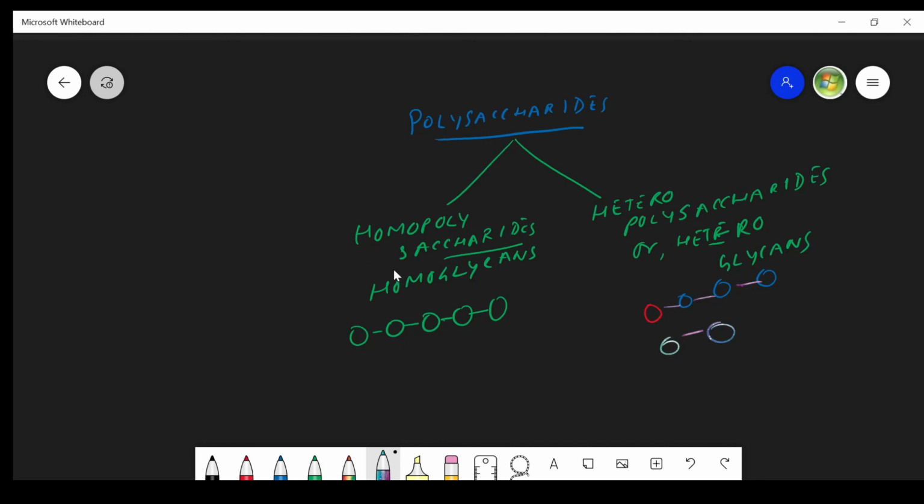So the examples of homopolysaccharides or homoglycans are starch, glycogen, then we have inulin, whereas an example of heteropolysaccharides or heteroglycans may be hyaluronic acid.